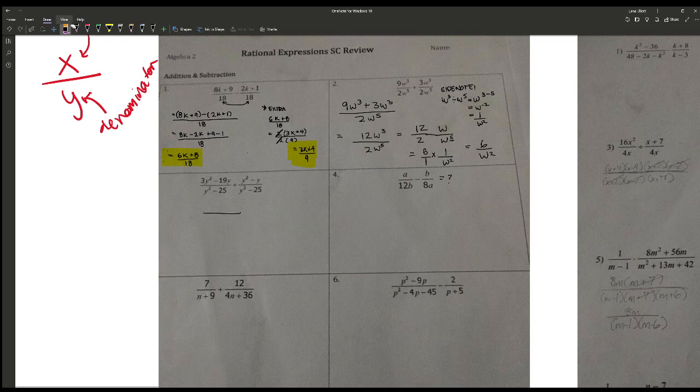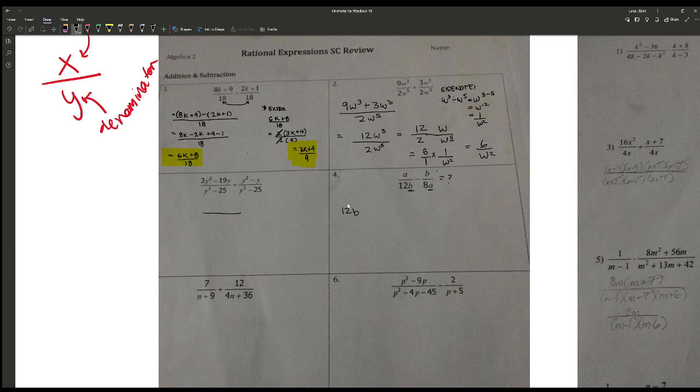So, what we have here is 12b, and because we have an a, when it comes to working with variables in the denominators, especially unlike variables, what you do is you multiply the numerator.